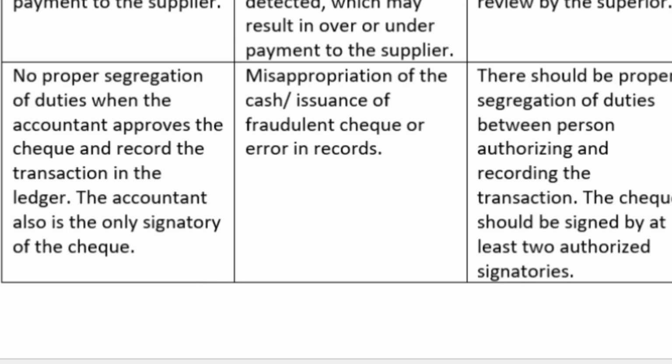So what could happen is misappropriation of cash, issuance of a fraudulent check, or errors in records. So there should be proper segregation of duties between the person authorizing and recording the transaction. The check should be signed by at least 2 authorized signatories.